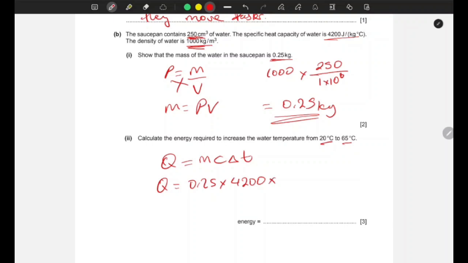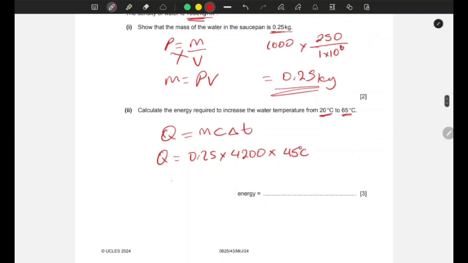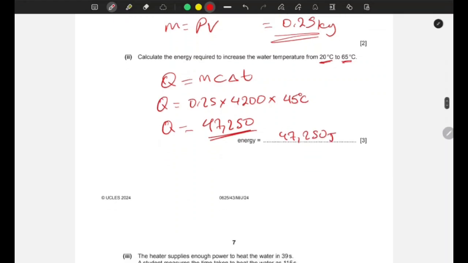Now the change in temperature, 65 minus 20, gives us 45 degrees Celsius. So we just multiply: 0.25 times 4,200 times 45. That gives us 47,250, and energy is of course in joules. That's our answer.